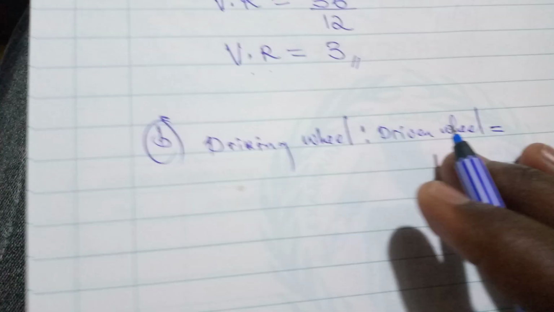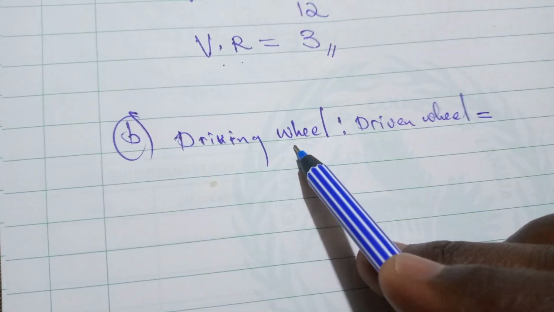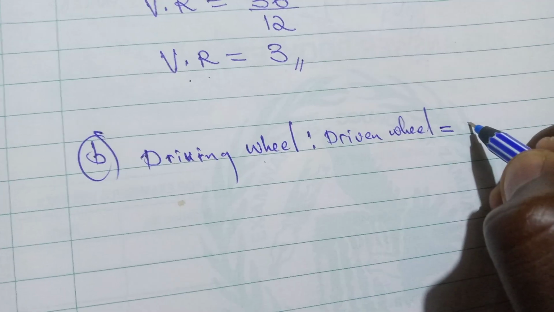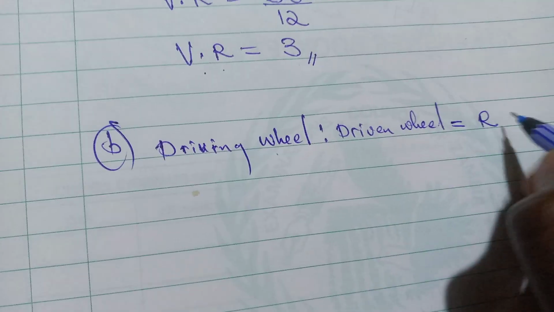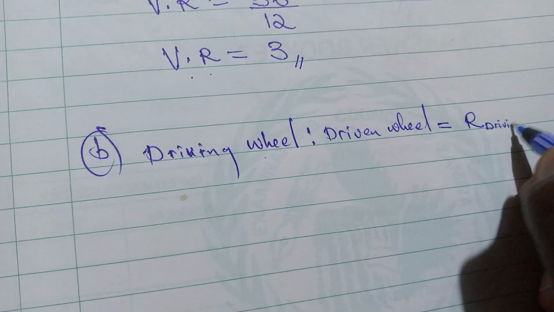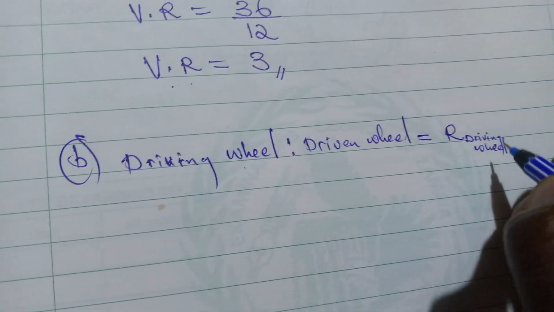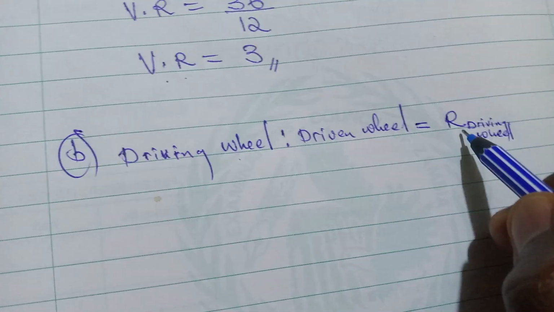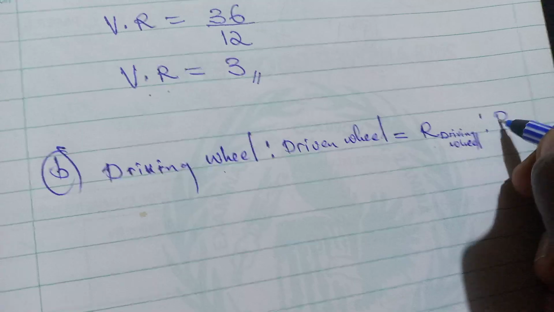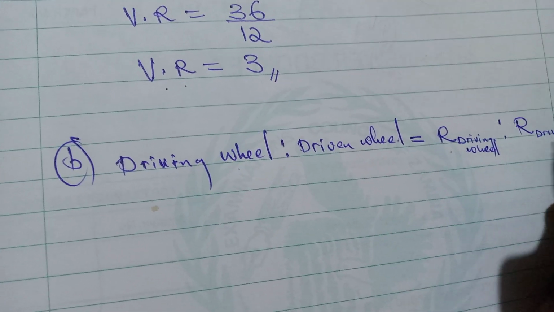Is equal to what? From there, this is driving wheel, which should correspond to the number of rotations of the driving wheel. So number of rotations of the driving wheel is equal to number of rotations of the driven wheel.